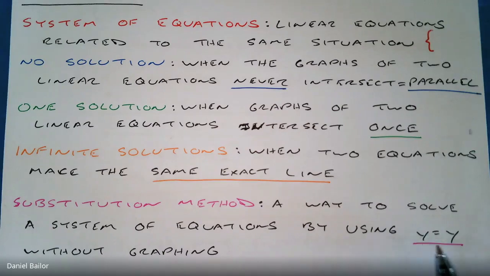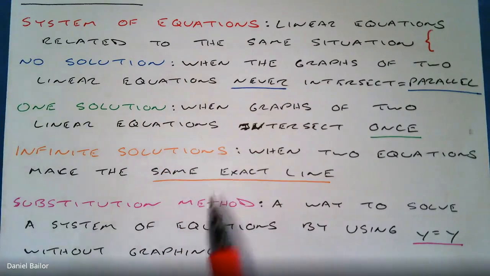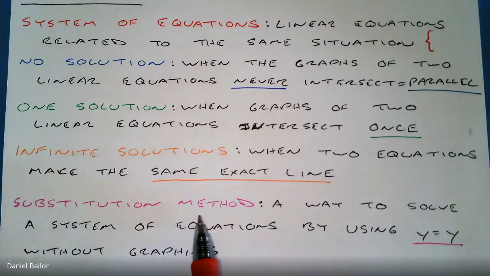And we can use y equals y without graphing. If you're confused about what y equals y means, don't worry about it. We do talk about it in the notes today before we start our work. So those are the 5 vocabulary words: system of equations, what no solution means, what one solution means, what infinite solutions means, and the strategy called the substitution method to find solutions without graphing.